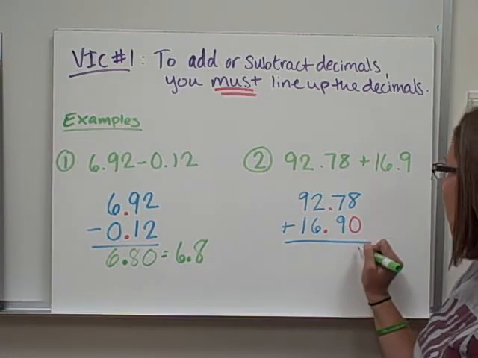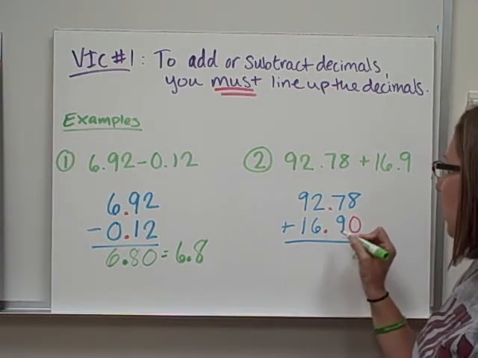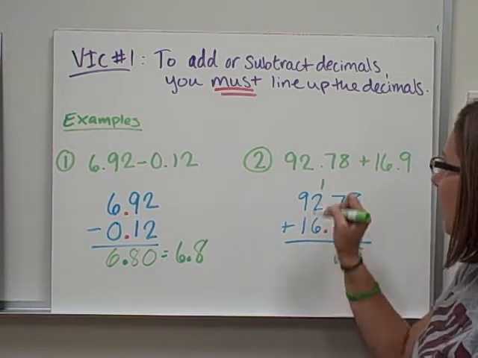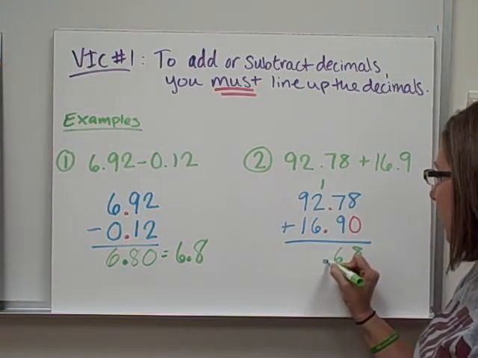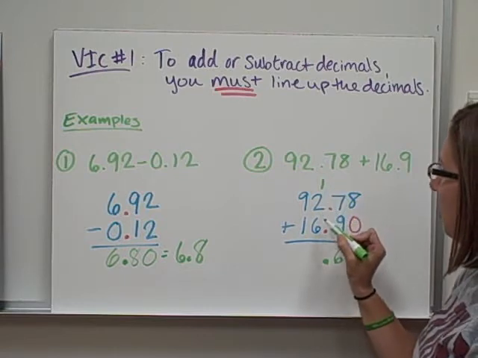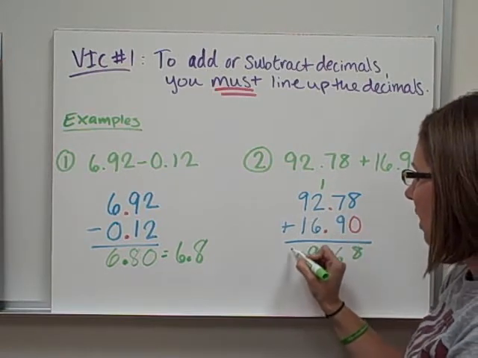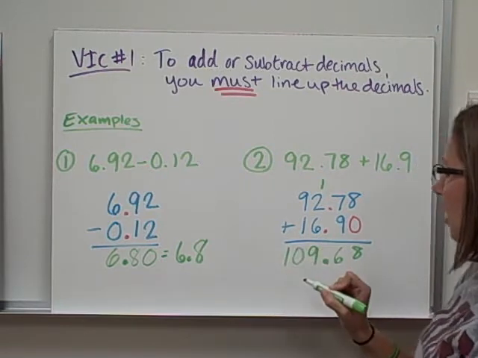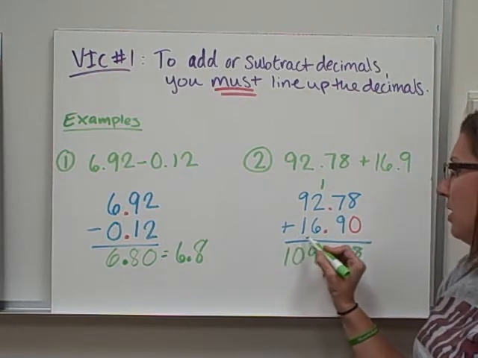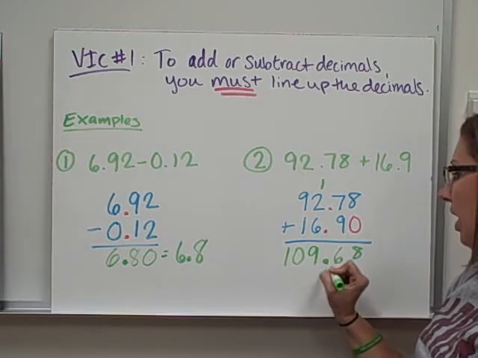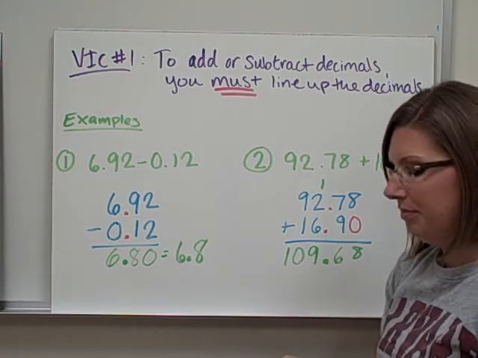So 8 plus 0, 8. 7 plus 9 is 16, carry the 1. Bring down my decimal. 1 plus 2 plus 6 is 9. 9 plus 1 is 10. So 92.78 plus 16.9 is 109.68.